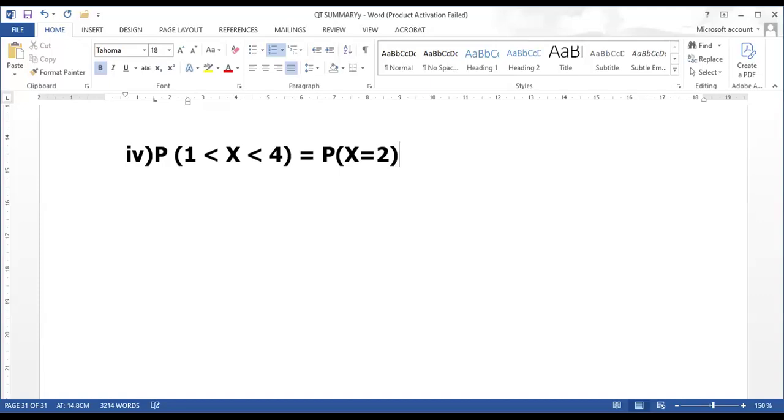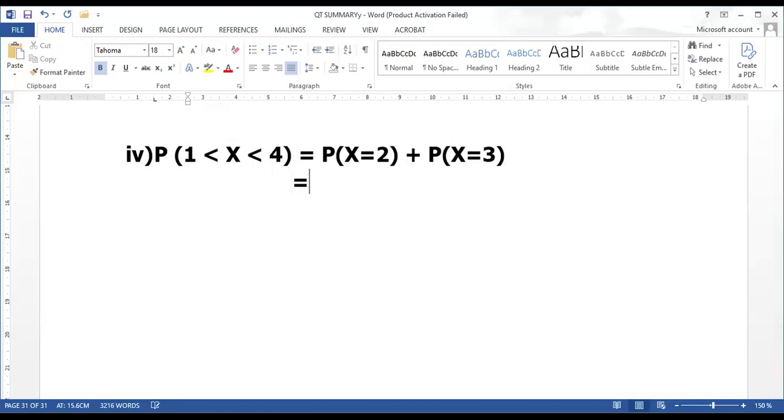What do you find between 1 and 4? 1 is not inclusive, even 4 is not inclusive. So what are those values? You have 2 and 3, isn't it?